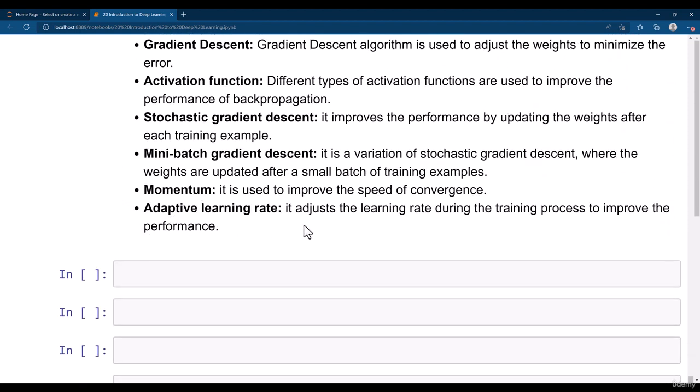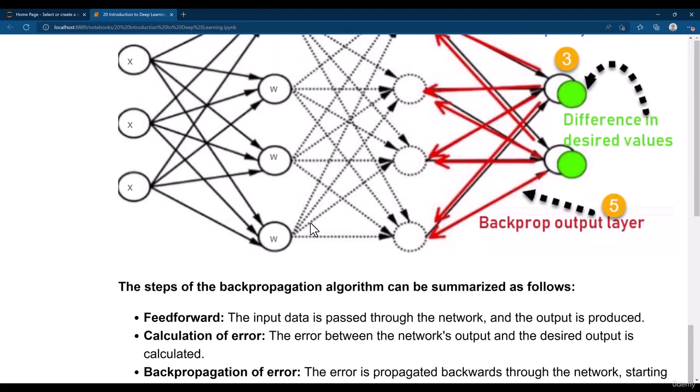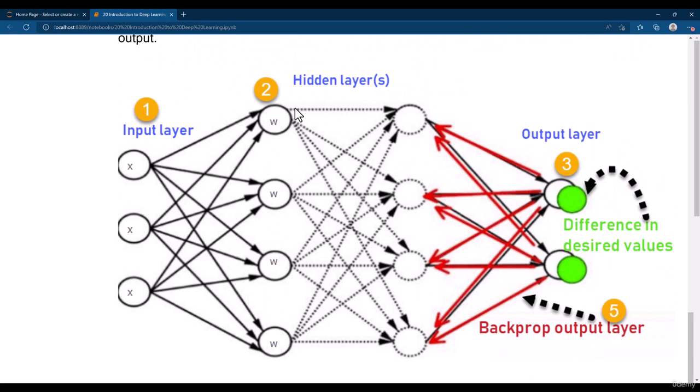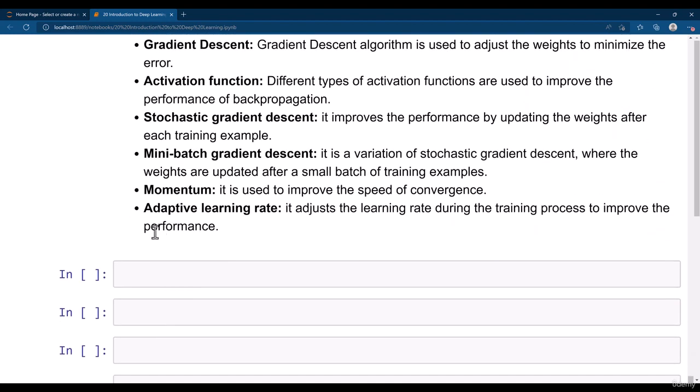And the adaptive learning rate is another technique of training your model. In the start, you can keep a large learning rate so that your model learns all the weights quickly, and thereafter you can reduce your learning rate, or change it with some formula. That is known as the adaptive learning rate.